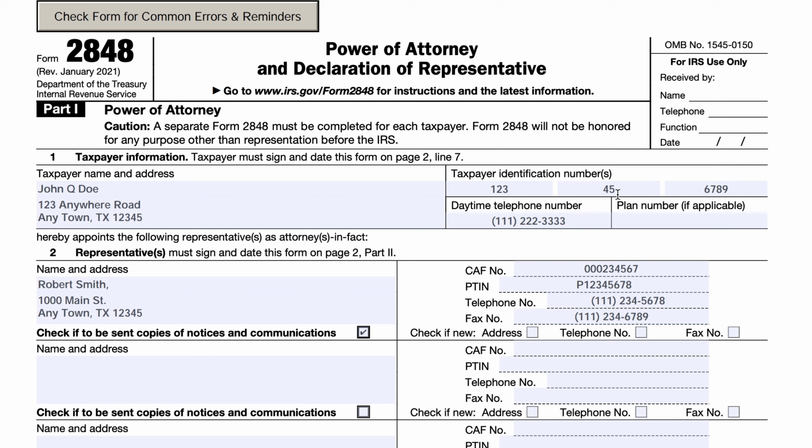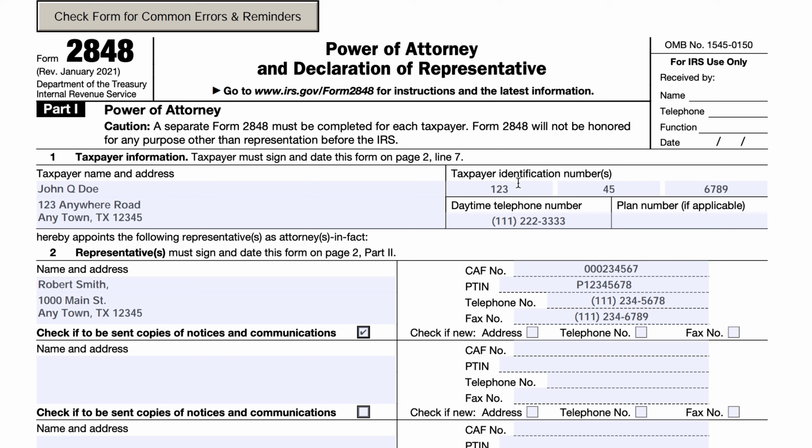For people who are operating a sole proprietorship, so if you're operating a business but you put it on Schedule C, you don't have an S corporation or a partnership, the IRS asks that you put in both your taxpayer ID number as well as your employer ID number, whichever one is applicable.